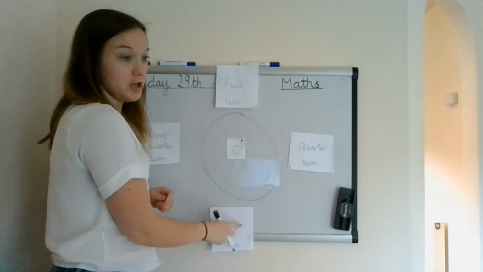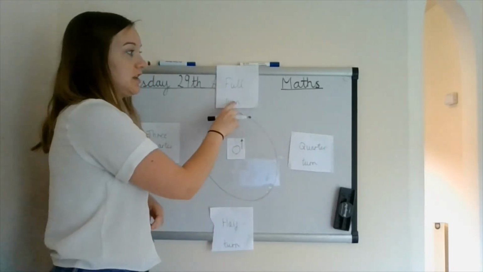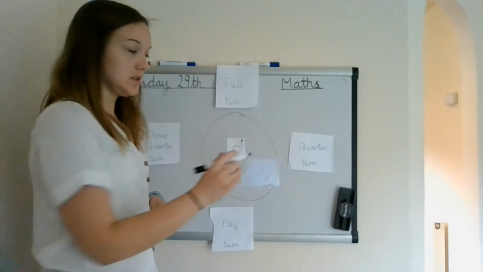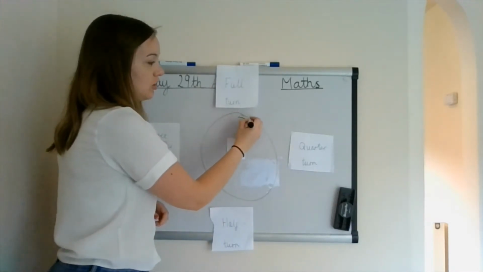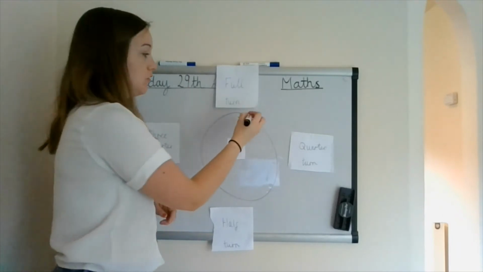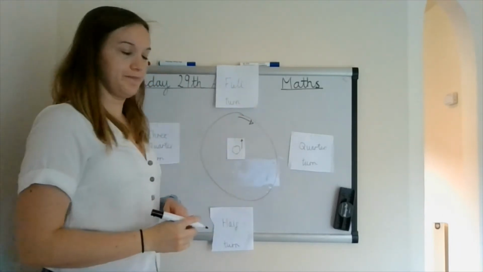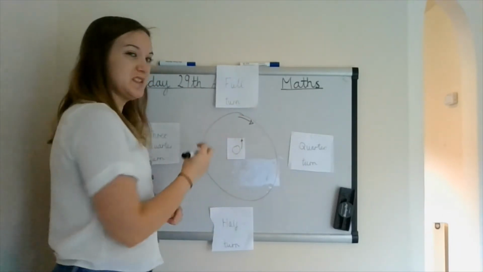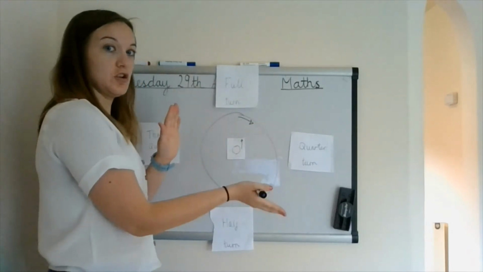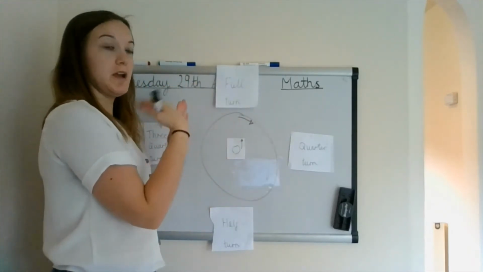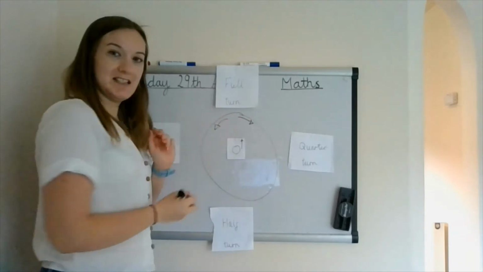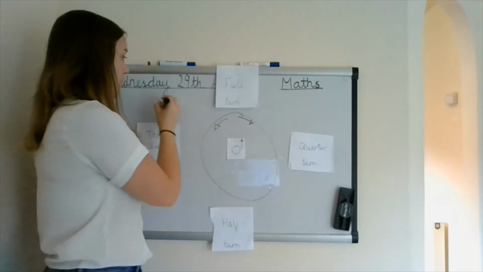I can see my quarter turn, my half turn, 3/4 turns, and full turn. This time, I've got to think of a clock. When it's ticking, it'll go around this way, okay? And the opposite way, if it doesn't go clockwise, it goes the opposite way, which is anti-clockwise. So I'll write that over here.